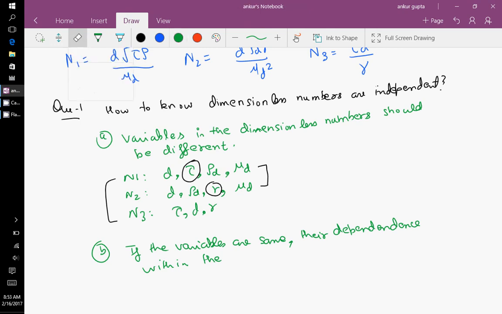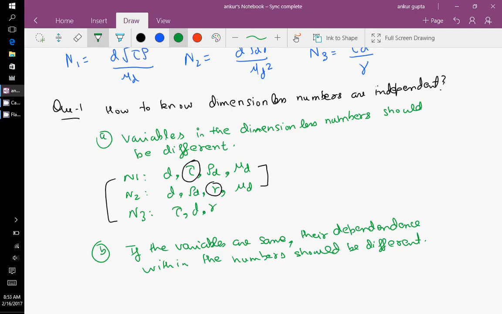So it is possible that you may have some combination in which you have all five variables included in the number, which is very rare. You may not see this kind of dimensionless number, but just to be complete, you should know this. So I'll discuss one small example of this case B, but most often you will just find case A, where the variables in the dimensionless numbers are just different.